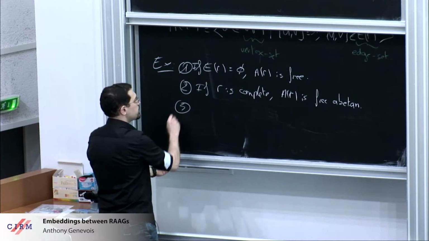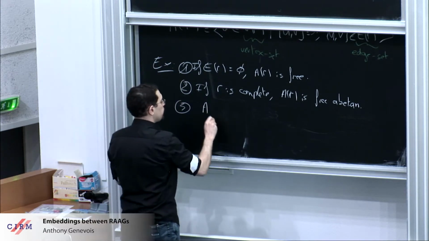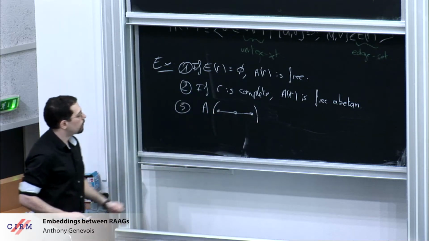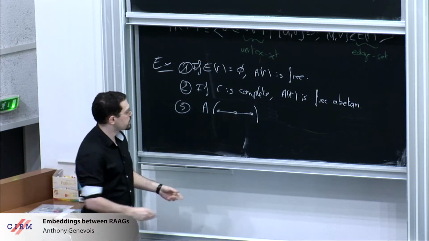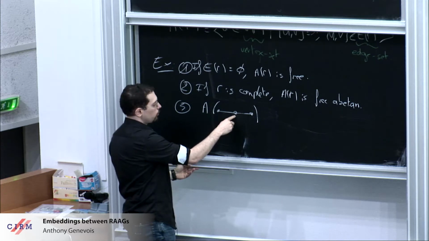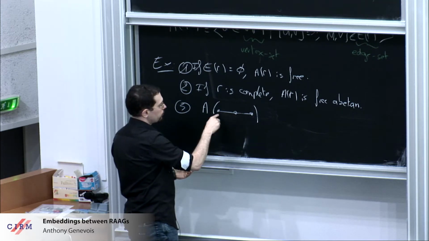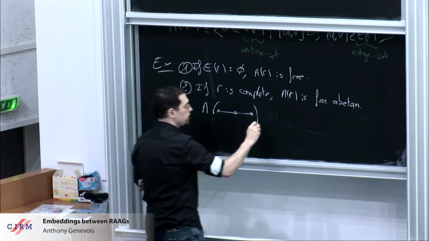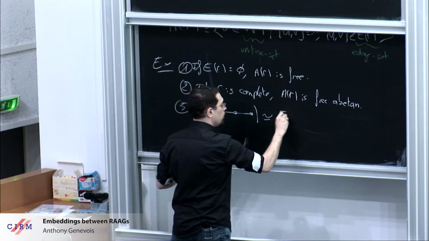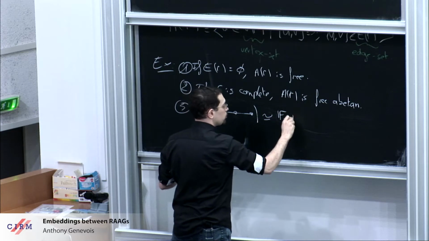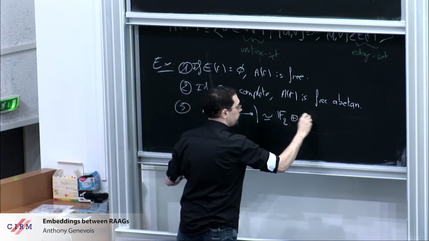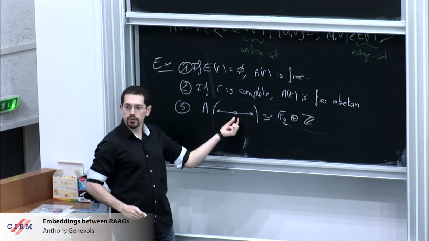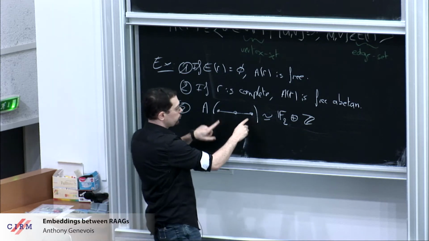Okay? So we can put some explicit examples. For instance, if I take a path of length 2, in this case I have one generator which commutes with two generators, and these two generators do not commute. It's isomorphic to a free group of rank 2 times Z. Okay, so you have this factor coming from this generator, and these two generators generate this free group.